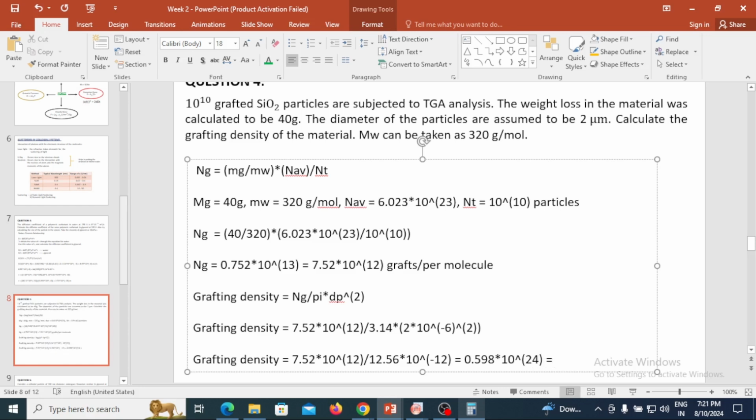So that will be equal to 5.98 times 10 to the power 23 grams per molecule per meter square.